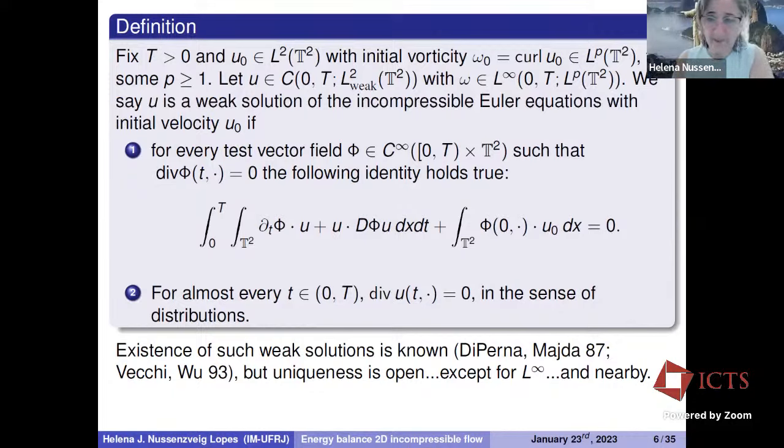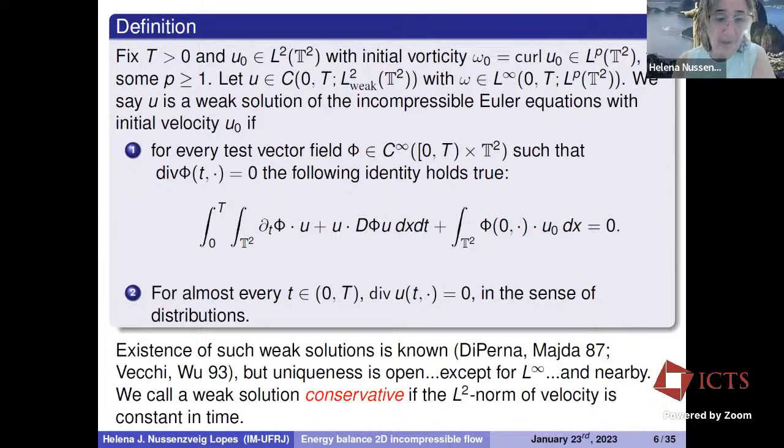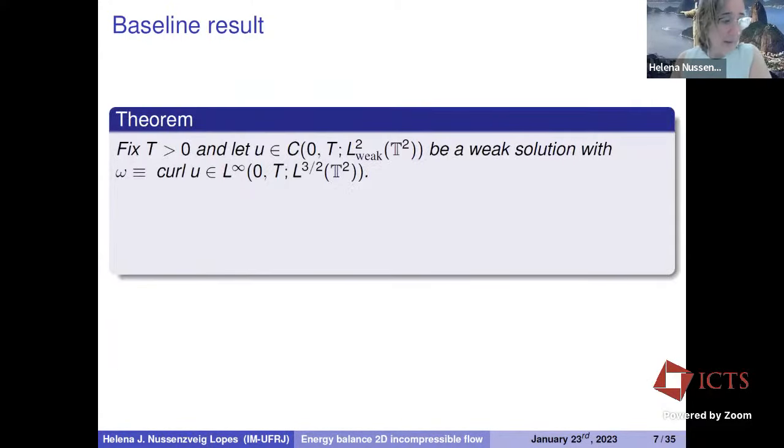I don't want to discuss how near because it gets rather technical. We call a weak solution conservative if the L2 norm of the velocity is constant in time, or if the kinetic energy is conserved. It's the same thing.